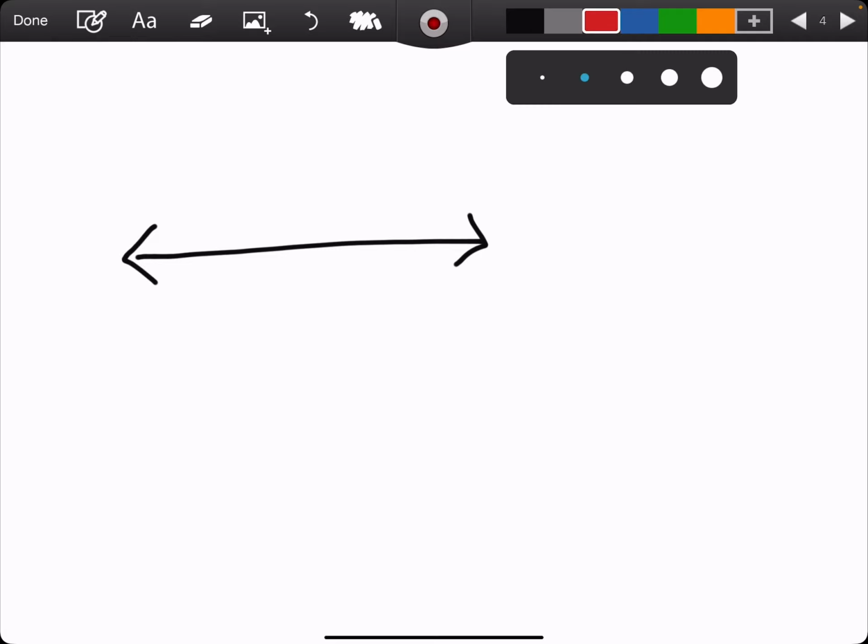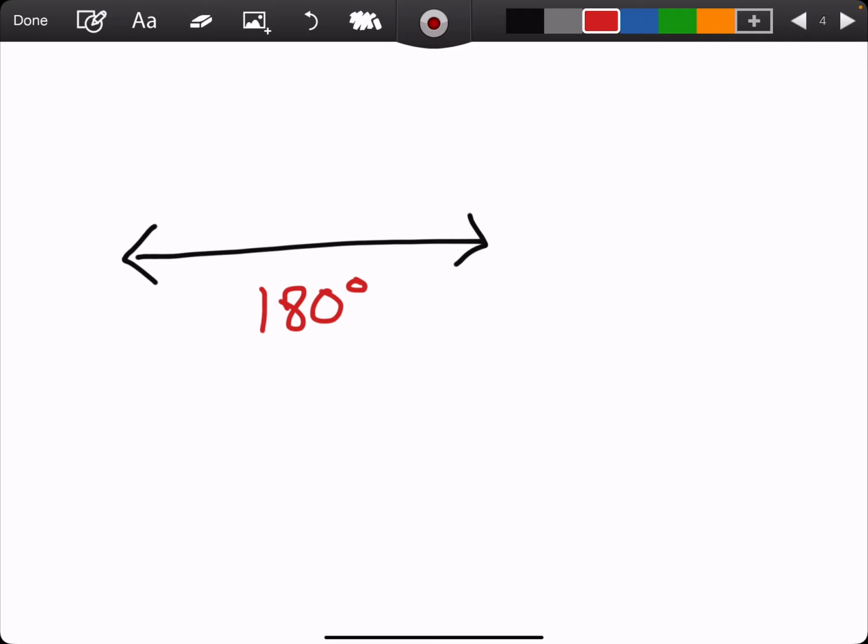Now we have a supplementary angle because we're going to go across. It's a straight line. So if it's a straight line, I know it's 180 degrees altogether. Now I'm going to split this up. Well, actually, first we'll split it up here. I'm going to say that this big angle here, I'm making it up, is 110 degrees.